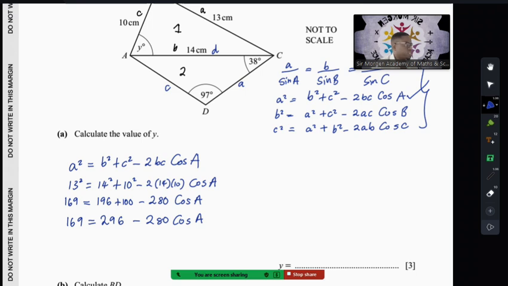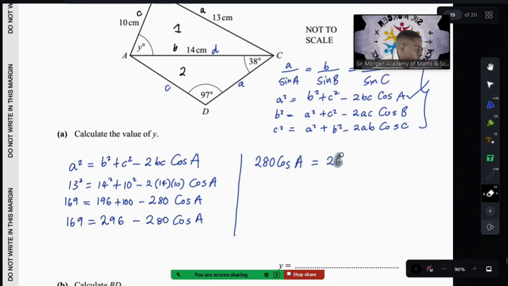It's very tempting, but 280 is attached to cos A, so those are unlike terms. So we need to move 280 cos A to one side and 169 to the other side. That means we have 280 cos A is equal to 296 minus 169.